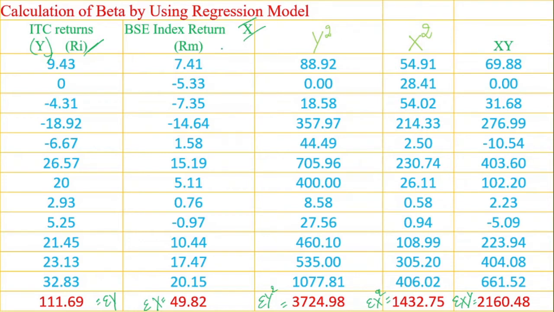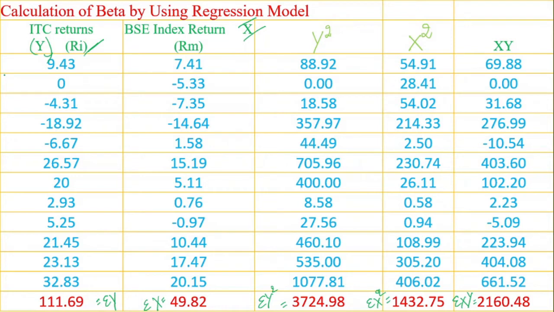Students, when we are going for the regression model, we have to identify the two variables: the dependent variable and the independent variable. The BSE index market return is not dependent on ITC. The ITC stock is dependent on the BSE index market return.